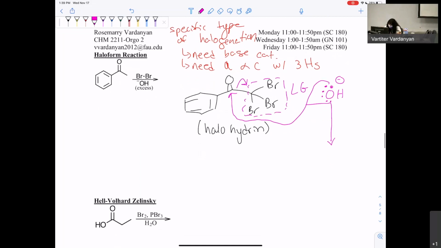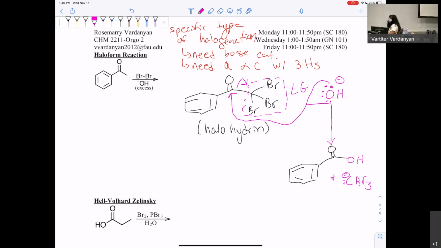Carboxylic acid. And you get CBr3, and this C has a negative charge.